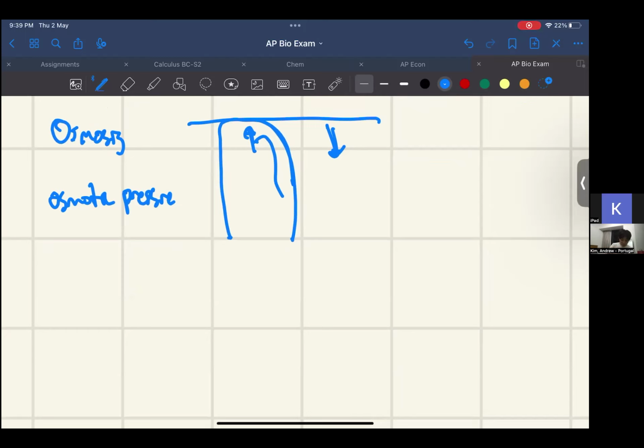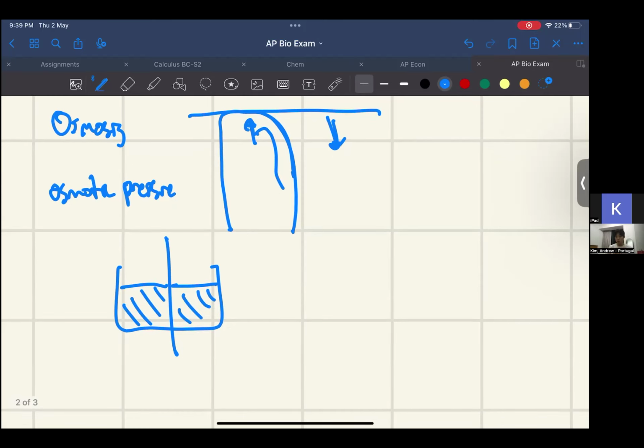Why? Because whenever we have a membrane between two liquids, we want to make the concentration of the two liquids equal. So if they're different, then we need some pressure that moves water from one liquid to another to make the concentration of the two liquids equal. That is osmotic pressure, okay? And tonicity is basically how strong the osmotic pressure is.